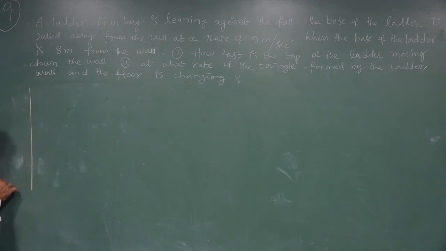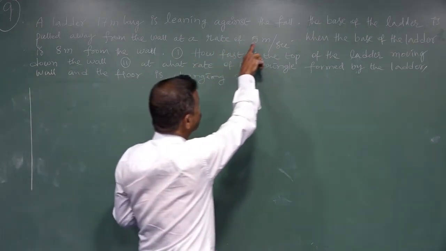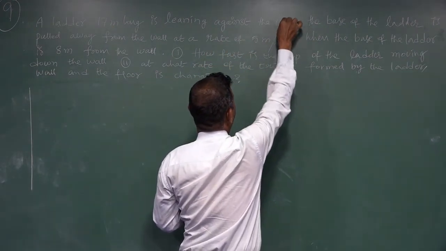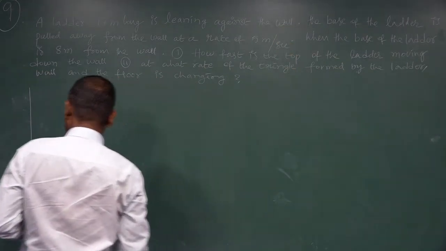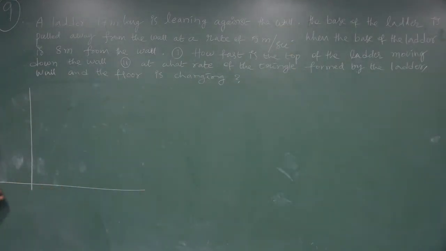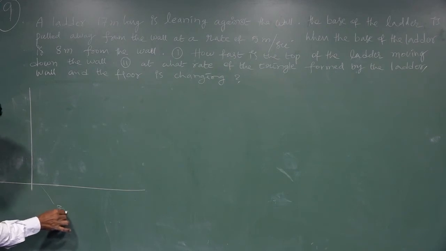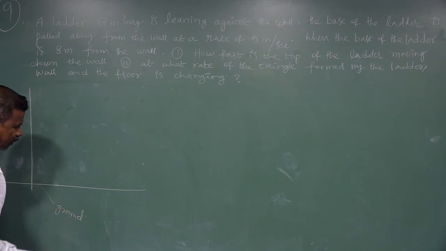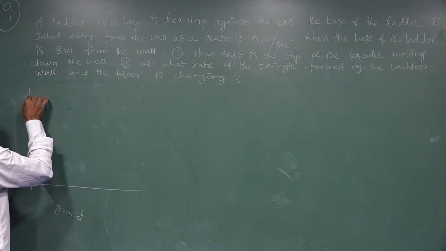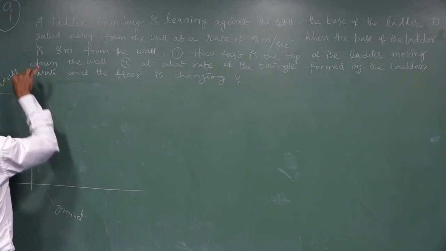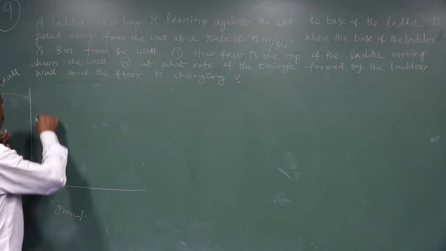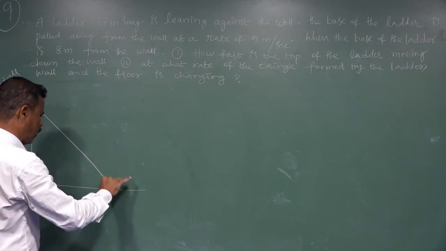This is the wall, against the wall. This is the ground, taken as the x-axis like that. This is the wall. One ladder is like this.